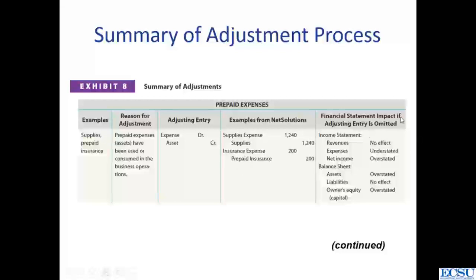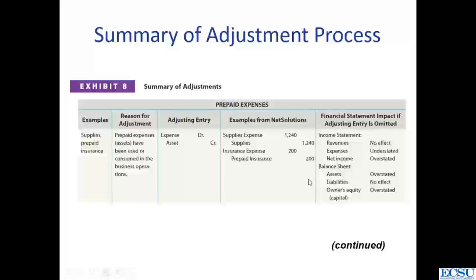Now, in the financial statements, the impact of the adjusting entry, if it is omitted, would be, because there is no revenue involved, no effect on the revenues. Expenses, if you don't debit the expenses, you won't count them, therefore they would be understated. And if you understate the expenses, you will be overstating the net income.